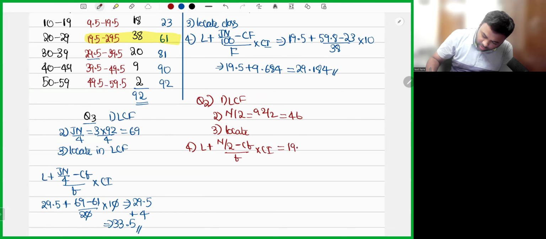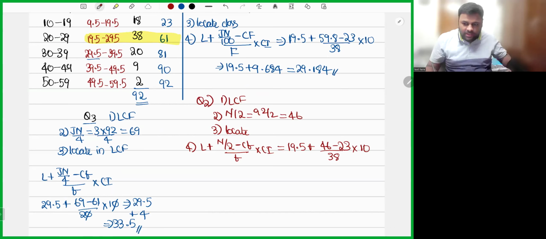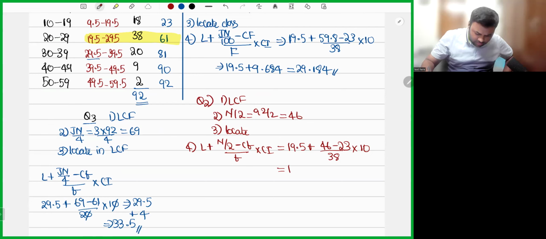So L 19.5 plus 46, cumulative frequency of previous class 23, frequency of same class 38, into class interval 10. Let's check. 46 minus 23 whole divided by 38 into 10. So 19.5 plus 6.05. So it is 25.5.